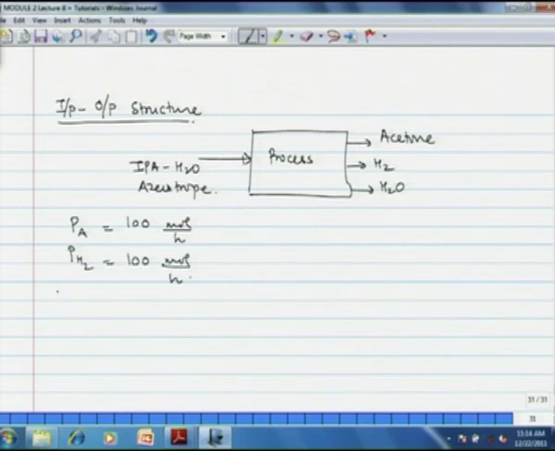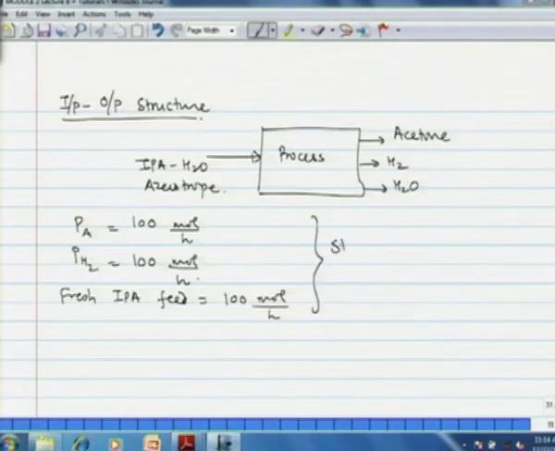The fresh IPA feed will also be 100 mole per hour. I hope you recall that at steady state all the fresh reactant gets converted. So, if you see the stoichiometry, 1 mole of acetone requires 1 mole of isopropanol. So, the fresh isopropanol feed will be 100 mole per hour. All of these are determined by stoichiometry.